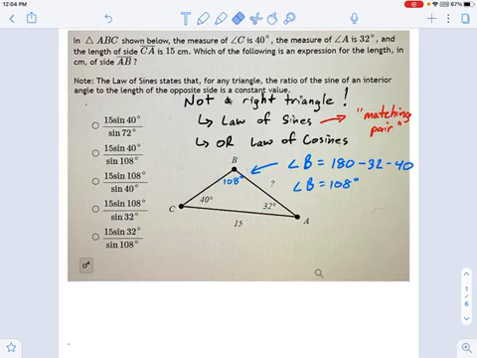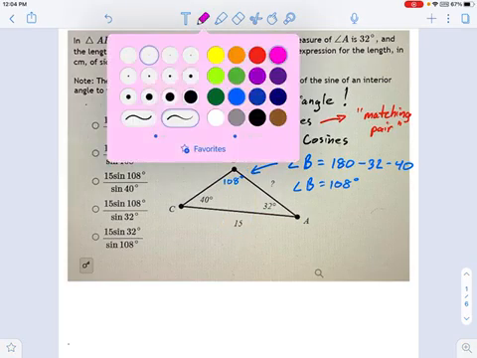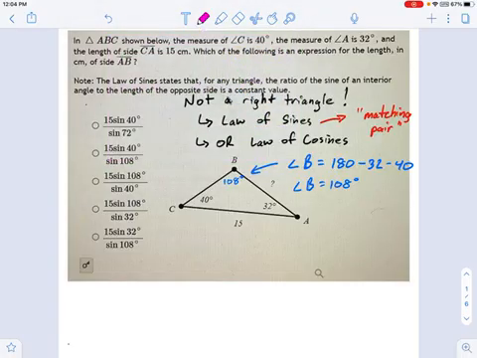Let's remind ourselves how to use this thing. Okay, what does the law of sines actually say? It states that for any triangle, the ratio of the sine of an angle to the length of the opposite side is a constant value. Okay? That's a clue. It's not a formula. If you know the formula already, this should give you a push in the right direction. But the way the formula is stated is this.